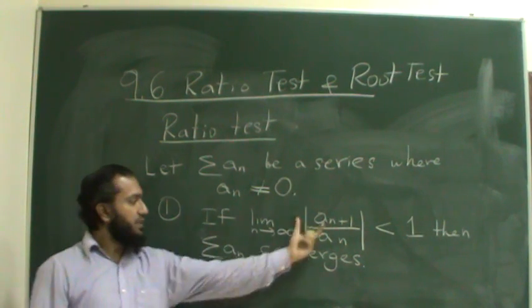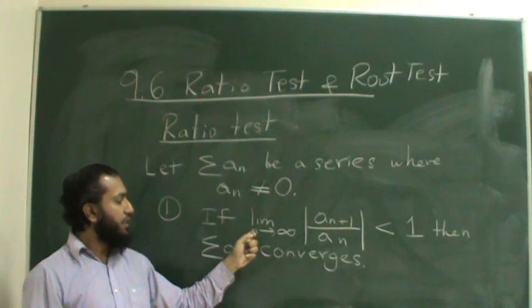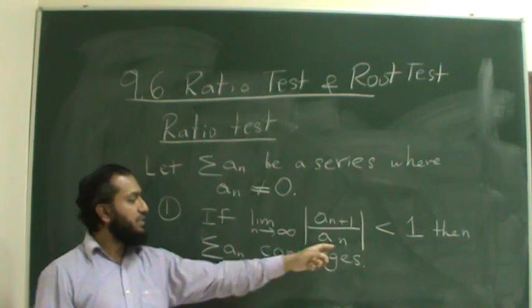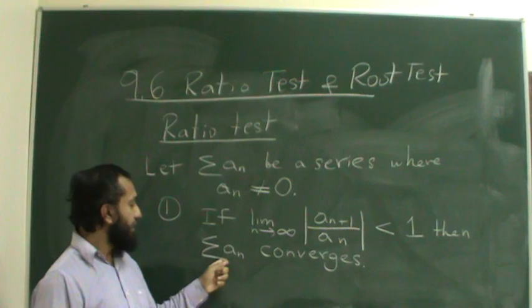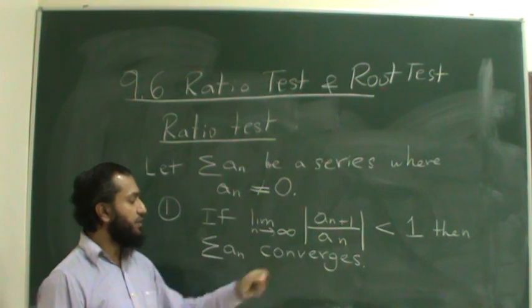You take this ratio, absolute, take its limit to infinity. If the limit exists and is less than 1, then the series converges.